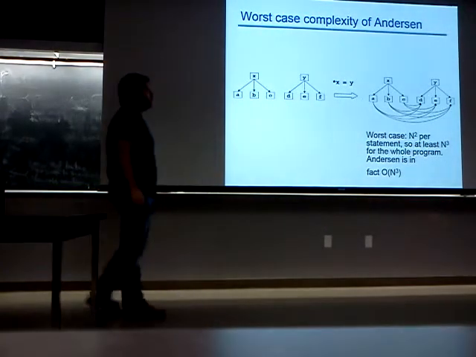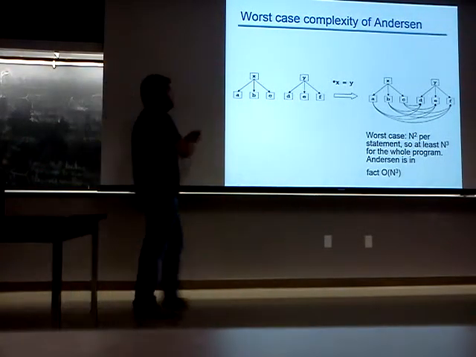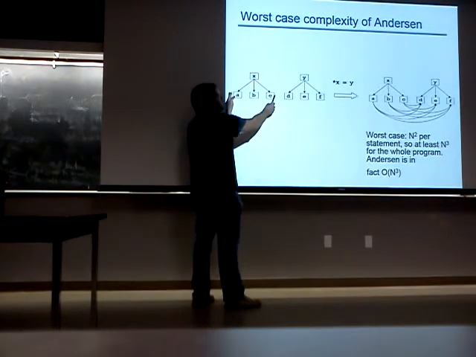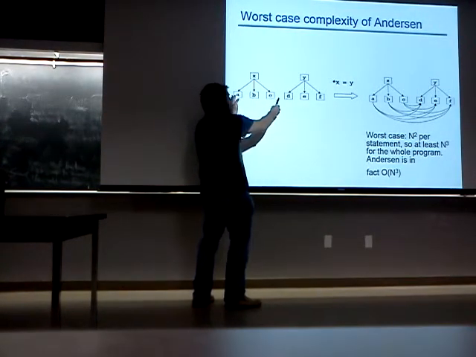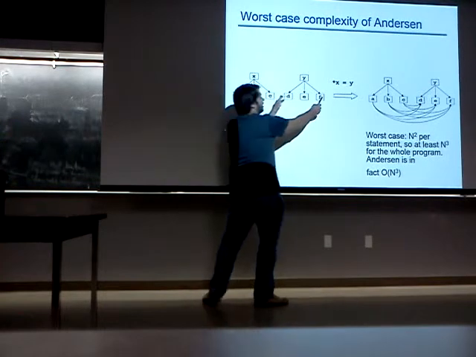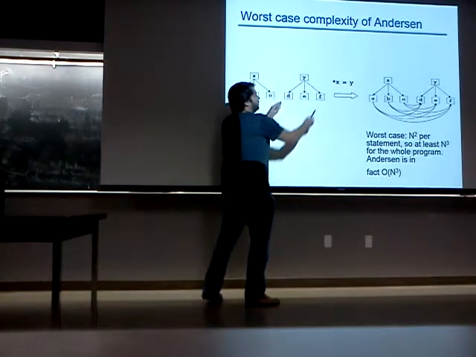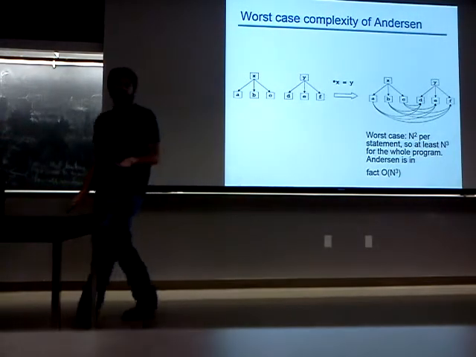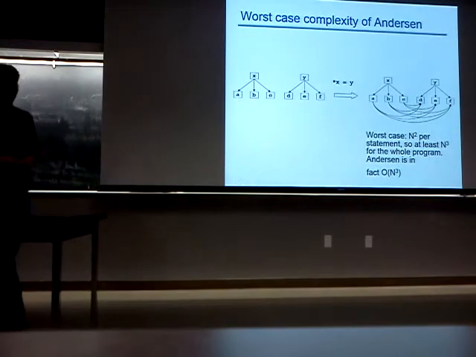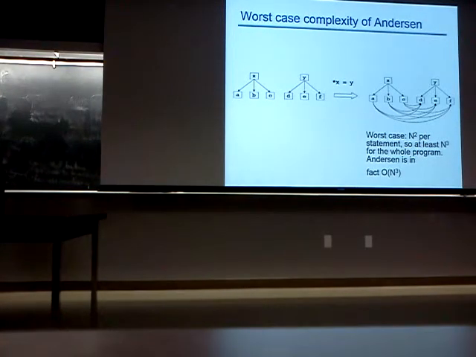In a program, this could be on the order of the number of variables. Let's say these are half the variables and these are half the variables, so it's n over 2 and n over 2, where n is the number of variables in your program. And the number of variables in your program can be proportional to the size of the program itself.